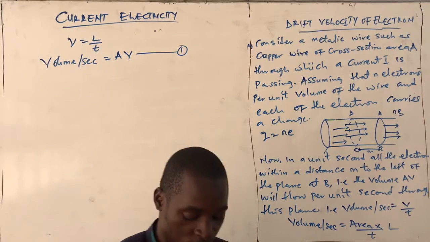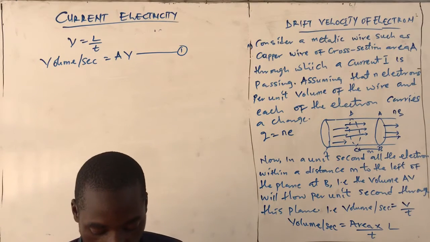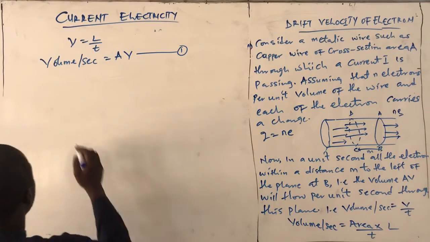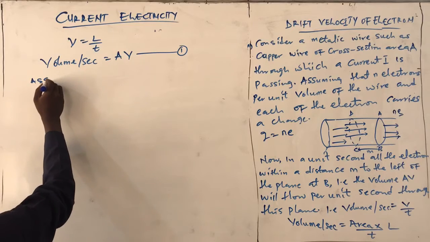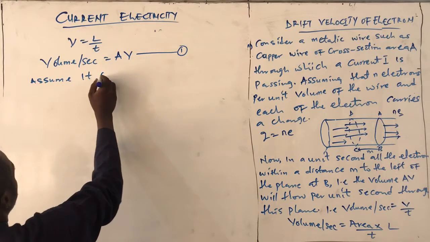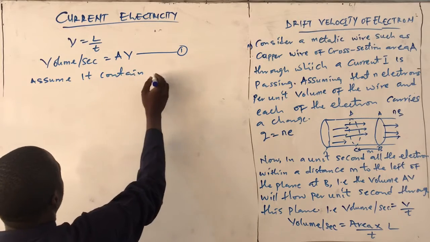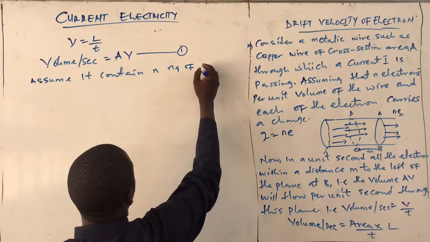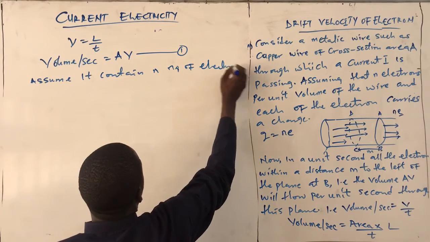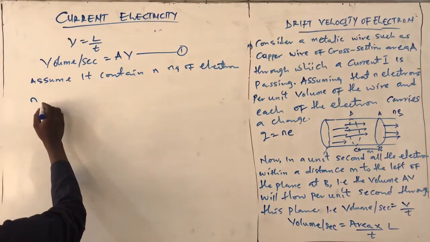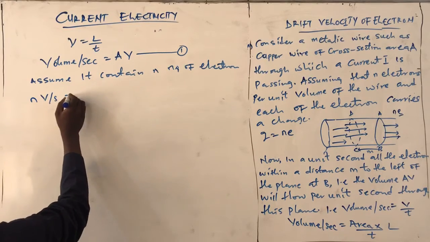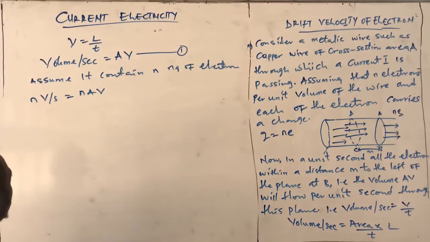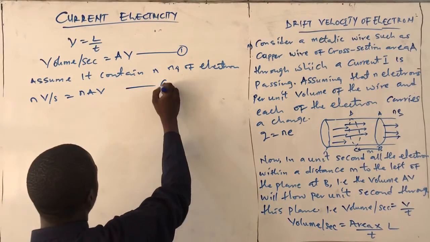Because length all over time is velocity, we substitute that value. Now assume it contains n number of electrons. Then n times volume per second will be equal to NAV. Let's say this one is equation 2.